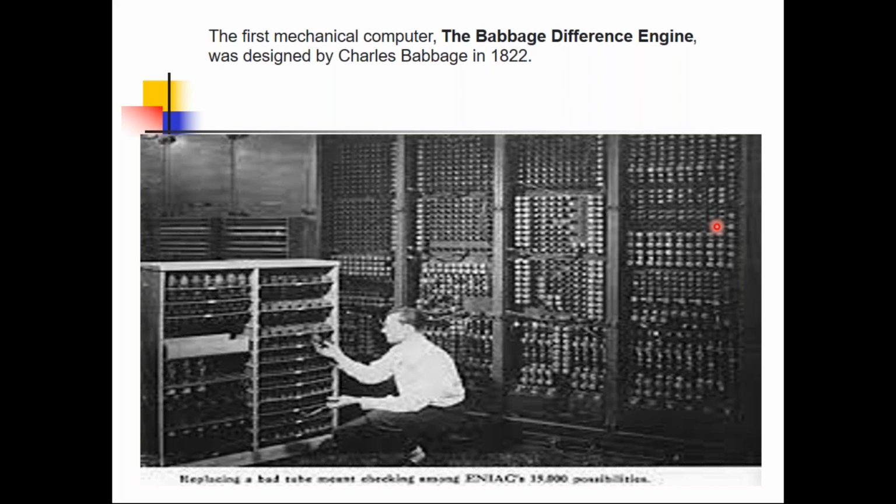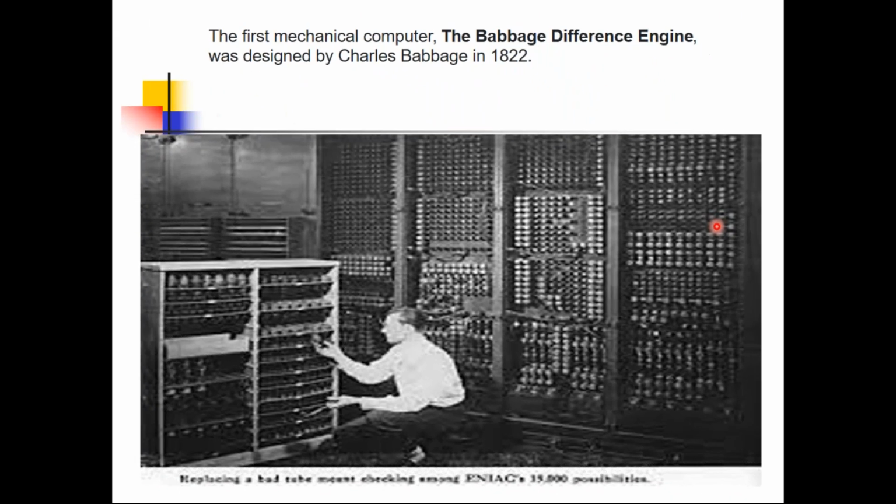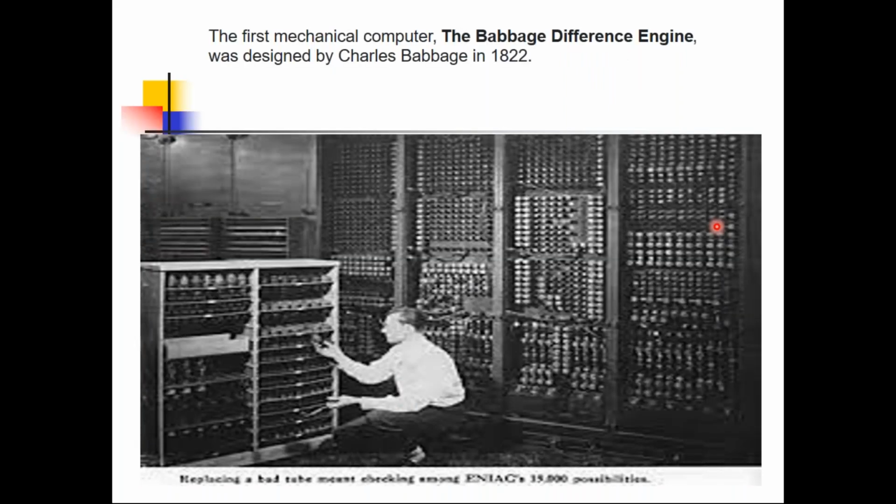Another thing to observe is that some things needed to be done manually by the user to get the tasks performed. For example, if you give an addition instruction to the computer, the user must go and change the disks manually to get the result. That was the situation in the year 1822. You just understood how a computer was in 1822.